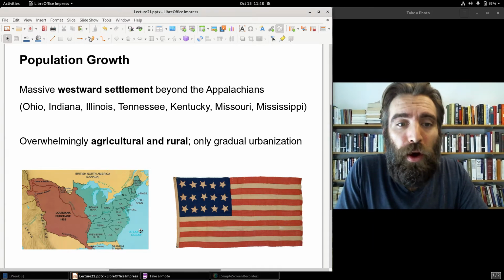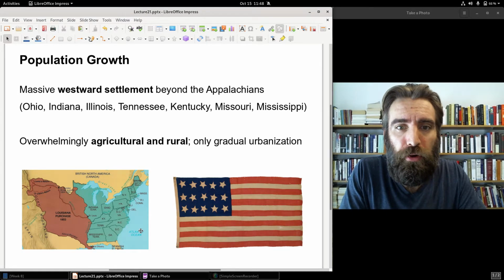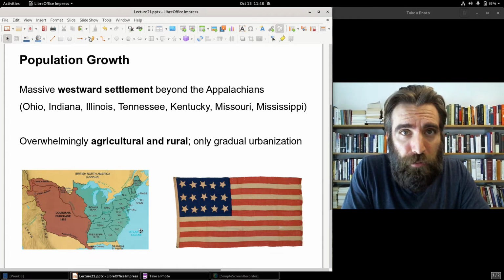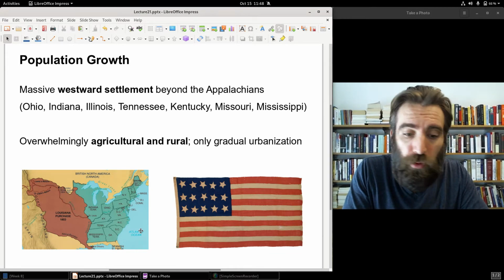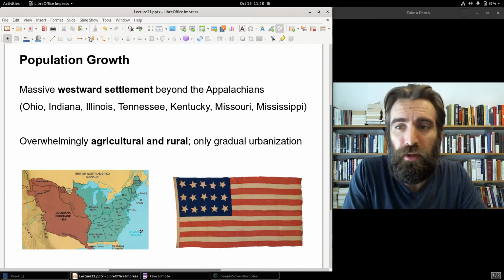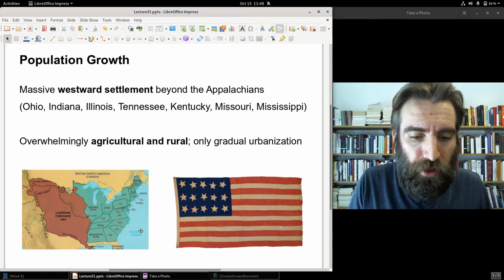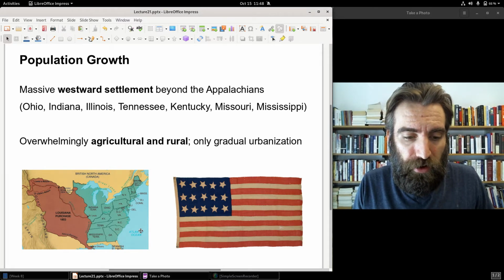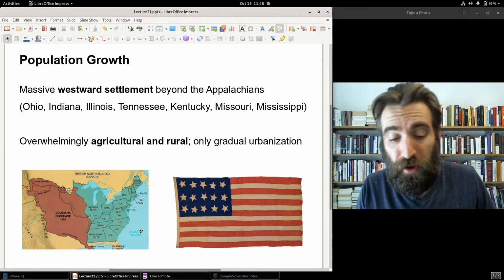This is an overwhelmingly agricultural and rural society. In 1810, only 6% of the population lived in cities. Only 6%, so 94% lived in rural settings. That barely improved by 1830, if you consider it an improvement.